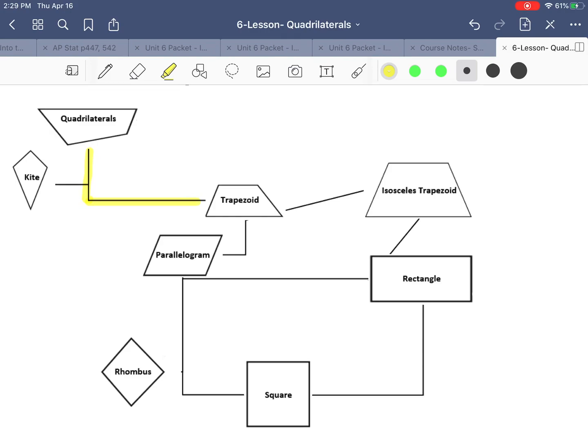Then from there, we can follow the path. So let's say we follow the path to parallelogram. From parallelogram, we can get to a rectangle, or we can get to a rhombus. That little stem didn't end up being everything I had hoped. We could also get to a rectangle by following the path.